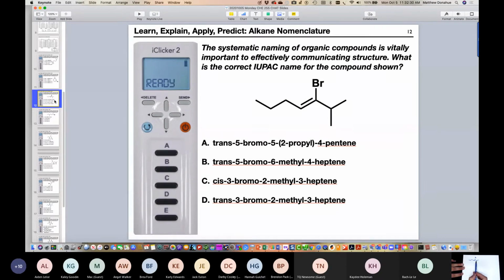So given this compound, what's the longest carbon chain? How many carbons are in the longest chain?